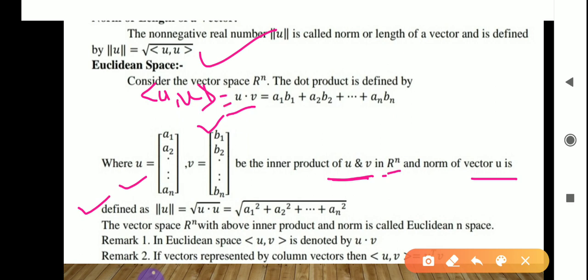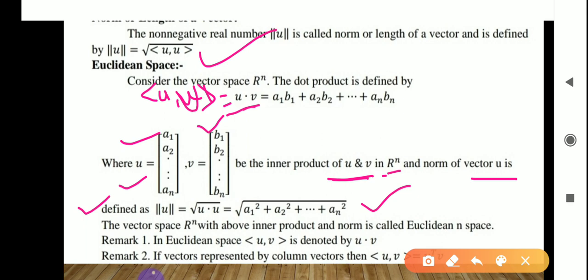In Euclidean space, the inner product of u comma v can be written as u dot v. So how do we write norm u? Norm u is equal to the square root of u dot u, which means the square root of a1 squared plus a2 squared plus so on plus an squared, if u is equal to a1, a2 up to an.